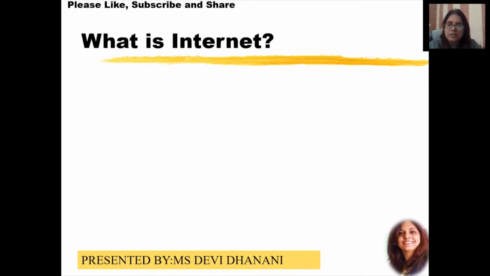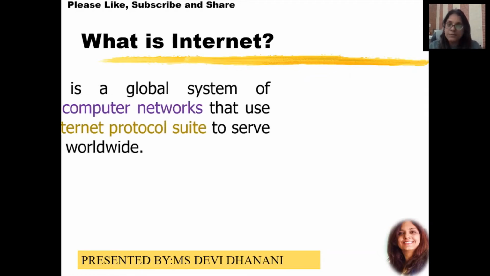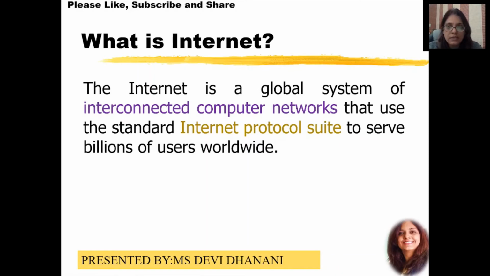Now let's start with the definition of internet. As you all are aware, the internet is a network of networks. It is basically a global system of interconnected computer networks.